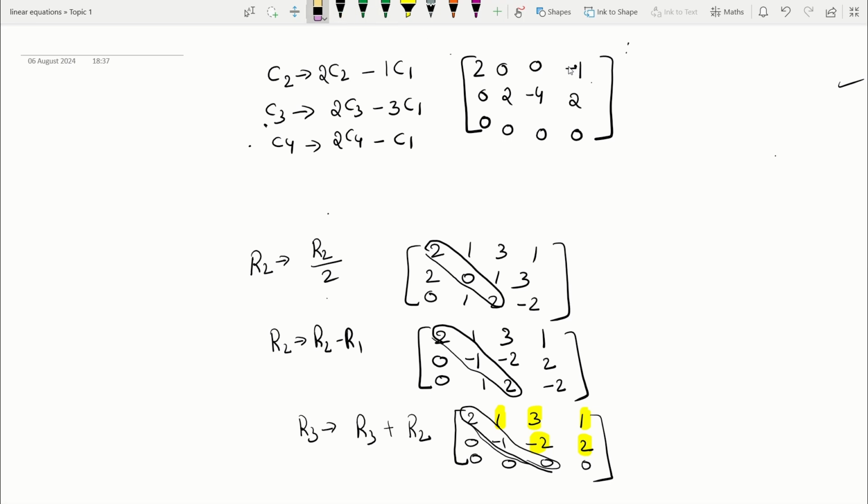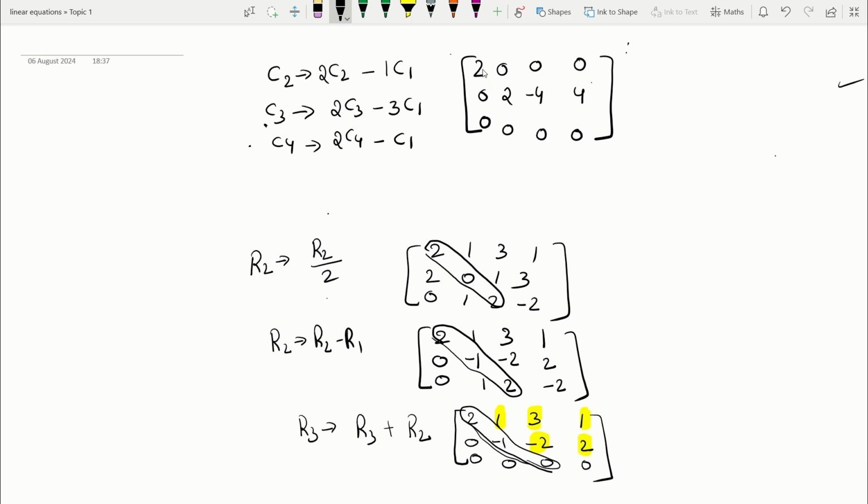Again what I said, 2 into C3 minus 3 C1, automatically this will be 0. Next, 2 into C3, 2 into minus 2 is minus 4, please write that, minus 4, and here also 0. C4 minus C1, 1 minus 2 is minus 1, 2 minus 0, 0. See how nicely it changed.